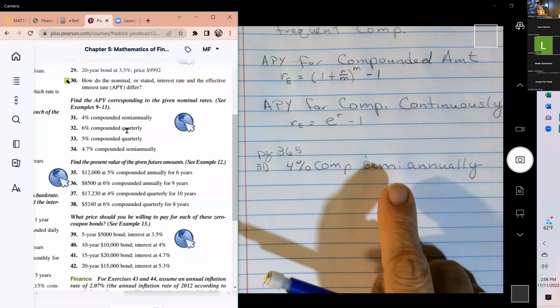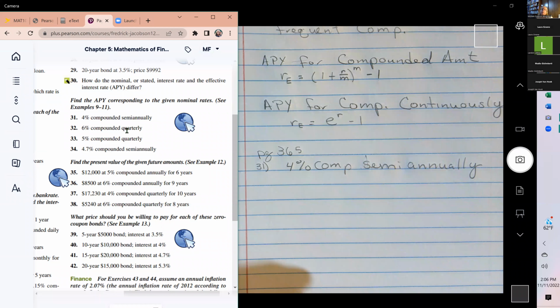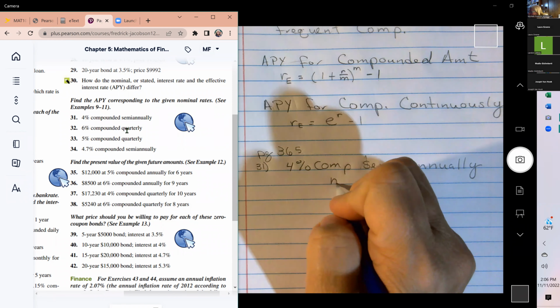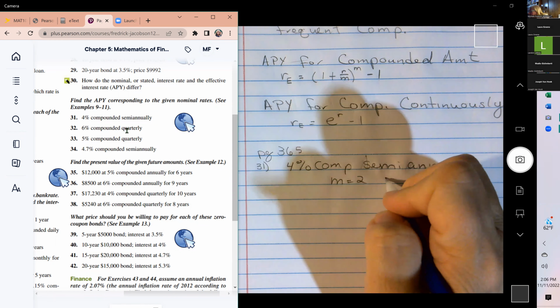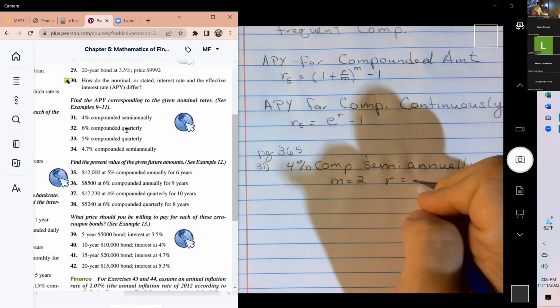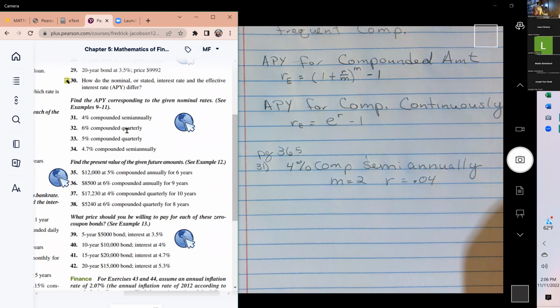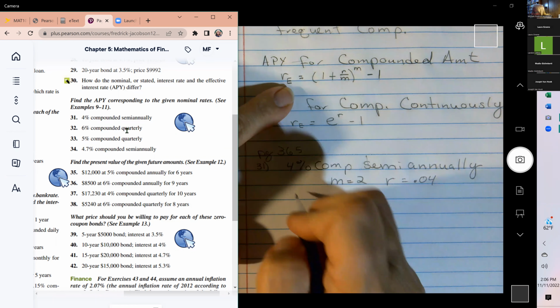How many times a year is semi-annually? Anyone? 2. That means our M is 2 and our R is a rate written as a decimal. Let me just plug it into this formula.